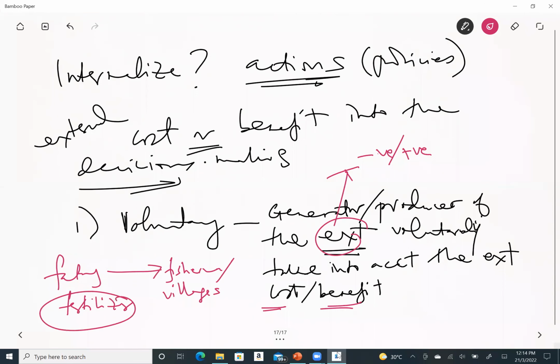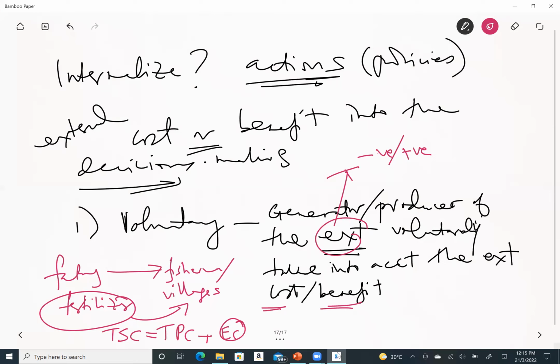You take into account the external cost that you incur to them into your production process. So you voluntarily do it. Okay. So our total cost will be the total social cost plus the total personal cost plus the external cost.